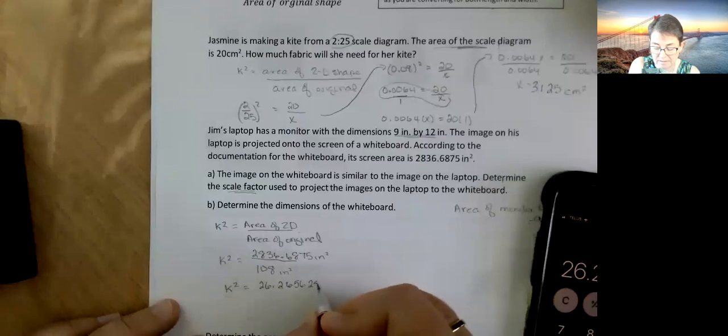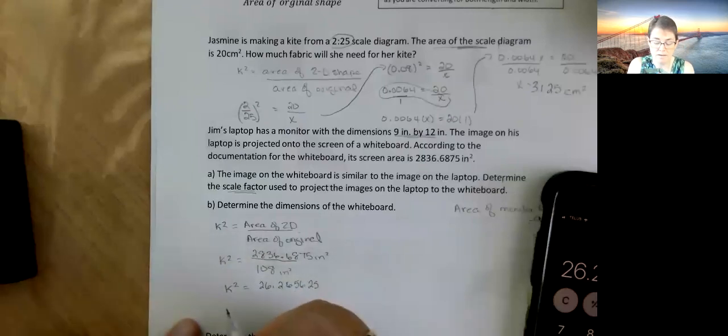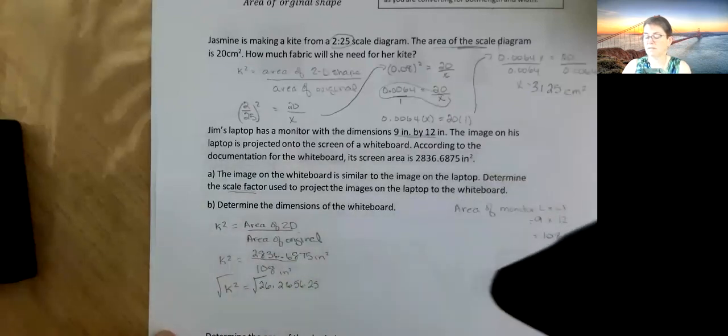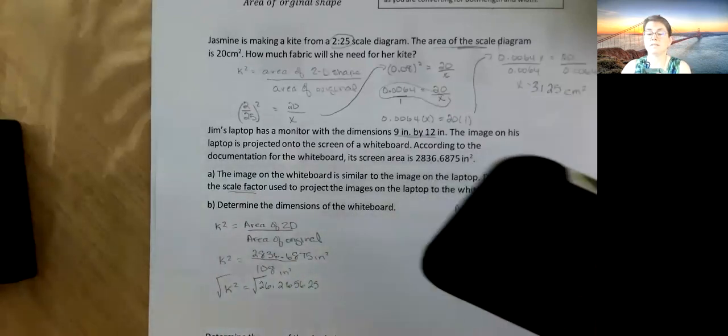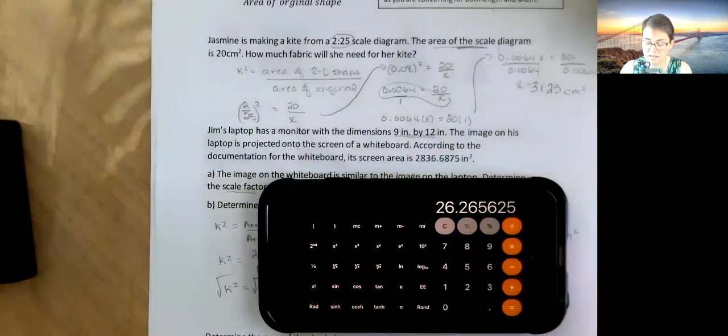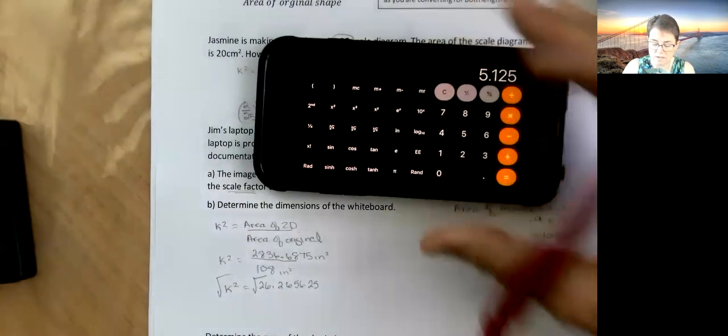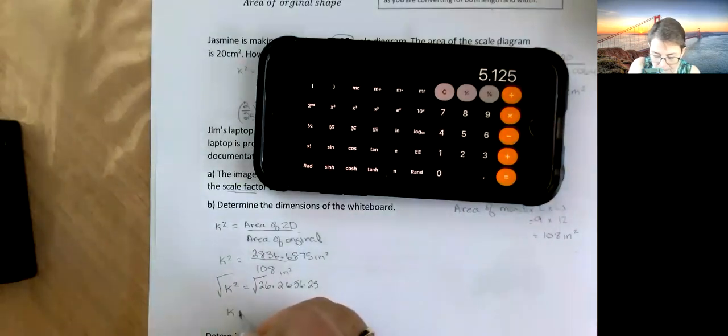I'm just going to write it all down. I'm not going to worry about it right now. I'm going to do square root and square root. You guys all know that, right? You just turn your calculator sideways and you can get the square root button. And I get 5.125.